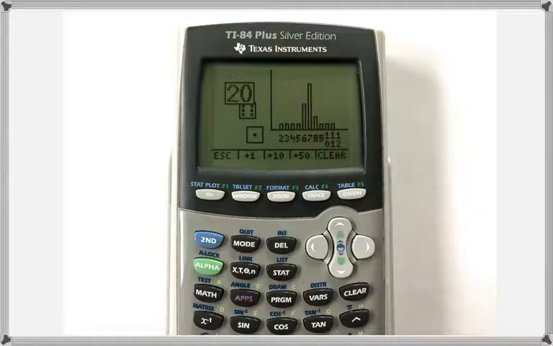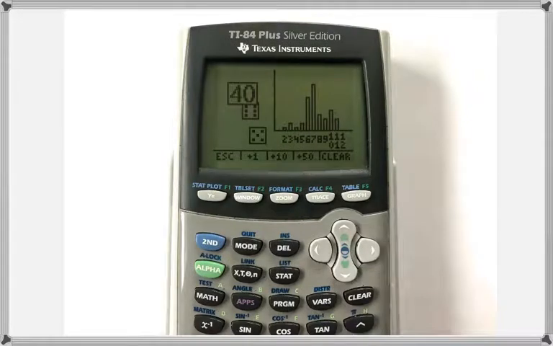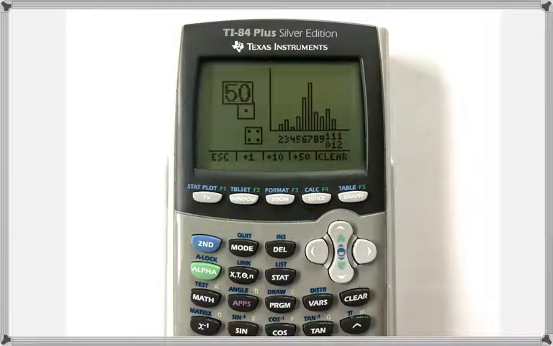And then 10 more times, and then 10 more times, and then another 10. And this is what our graph looks like. Notice that we still have not rolled a 12.